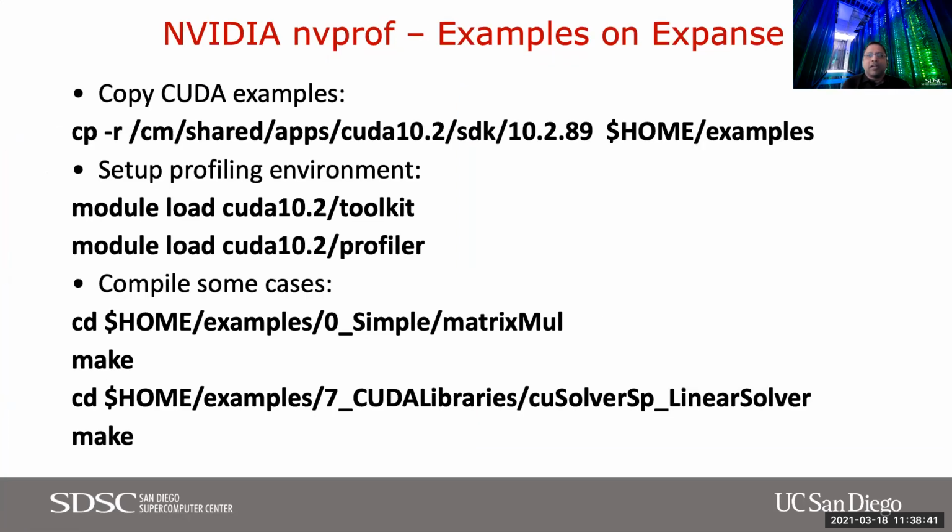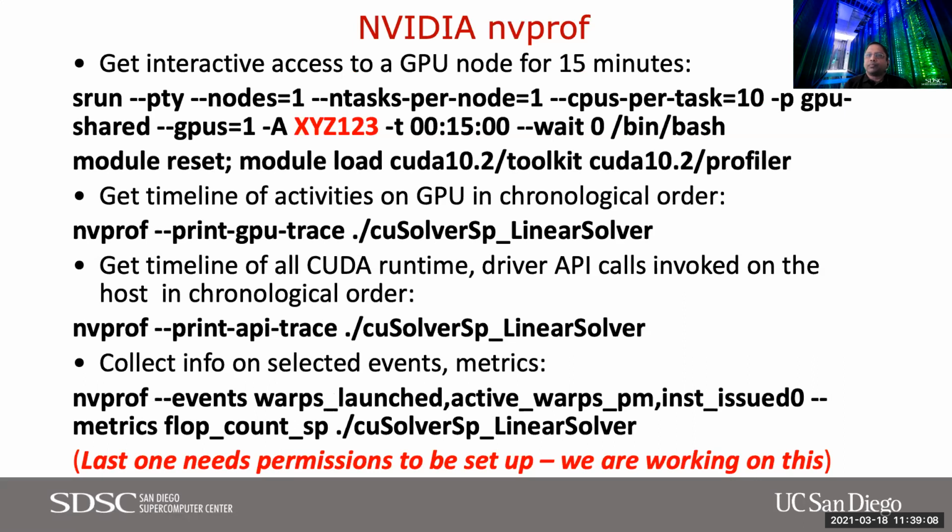And if you want to try these out on Expanse, you can copy over the CUDA toolkit examples and build them and test them out. And it's quite straightforward. If you load the CUDA toolkit and the CUDA profiler modules and run make in these simple examples directories, you should be able to get the binaries and then test things out. So looking at the kinds of things you can do.